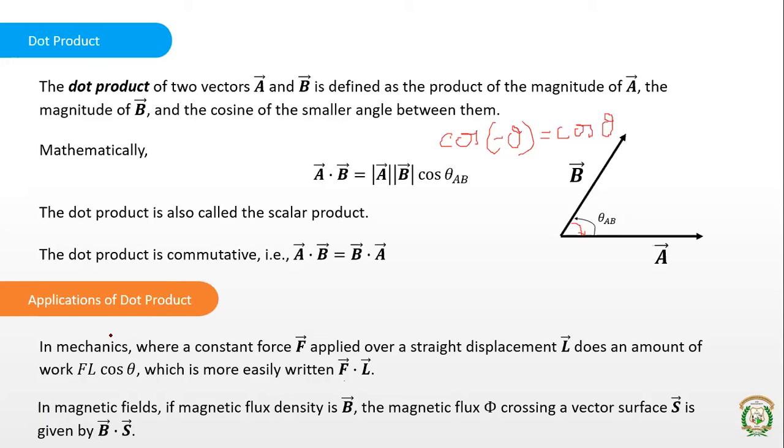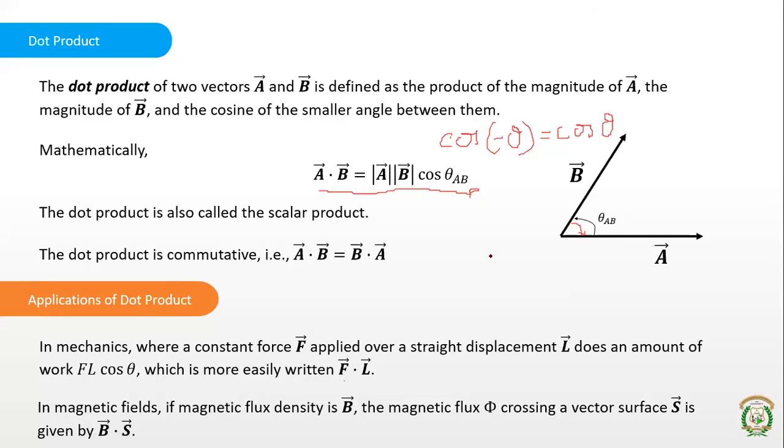And one more important application is to find the angle between two vectors. Since we know A dot B is equal to the magnitude of A multiplied by the magnitude of B into cos theta, you can find the angle theta.